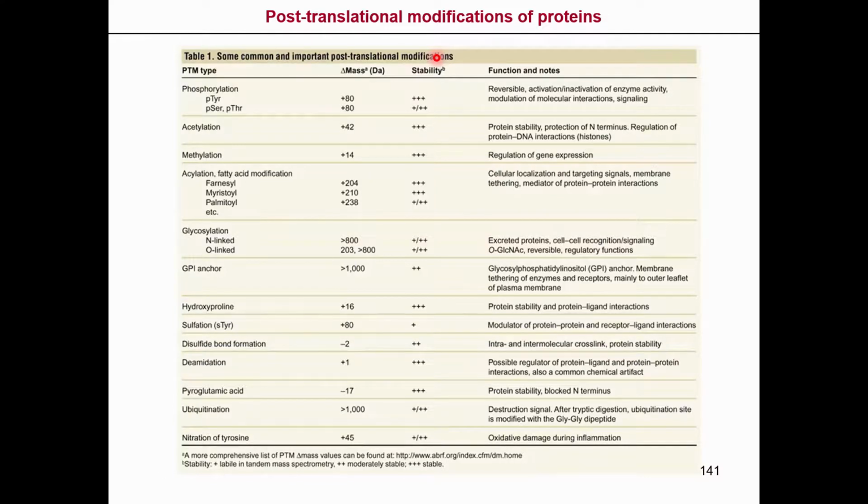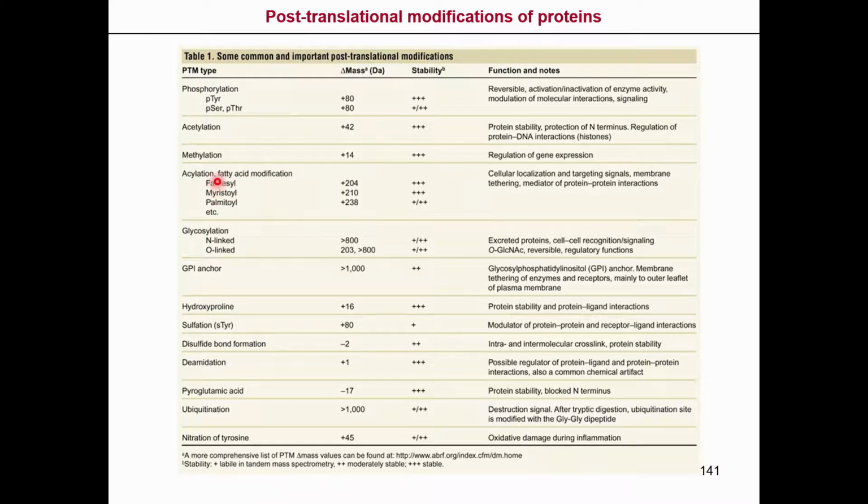post-translational modifications. So you have phosphorylation. It means that you give a phosphate group to the protein. We will see that it is reversible, and phosphorylation is a signal to the cell. You have methylation, acylation, fatty acid modification.